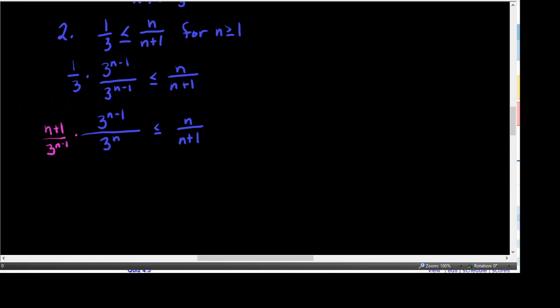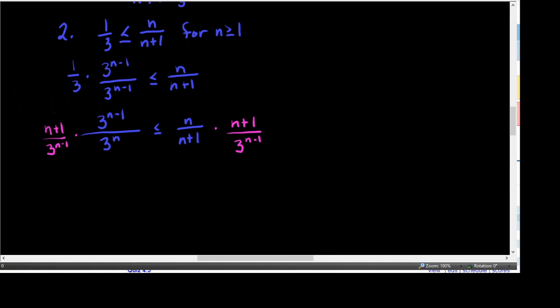Now you can multiply both sides of an inequality by the same thing. If it's a positive thing you're multiplying by, it does not change the inequality. However, if you're multiplying by a negative thing, you have to change the direction of the inequality. n is 1 or bigger, so the numerator n plus 1 is definitely positive, and 3 to any power is a positive number.